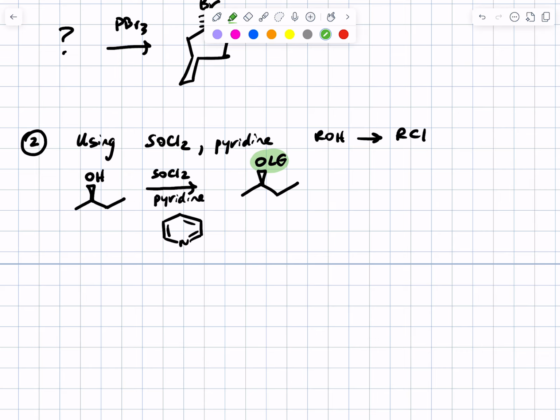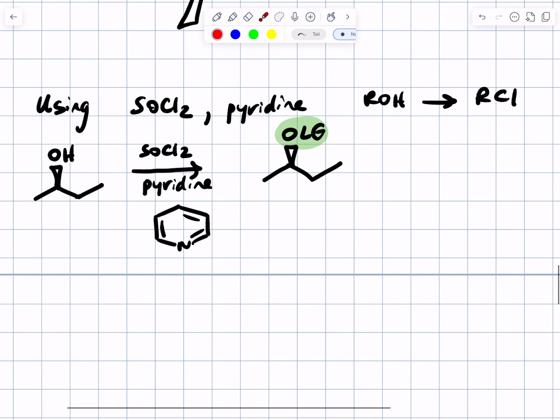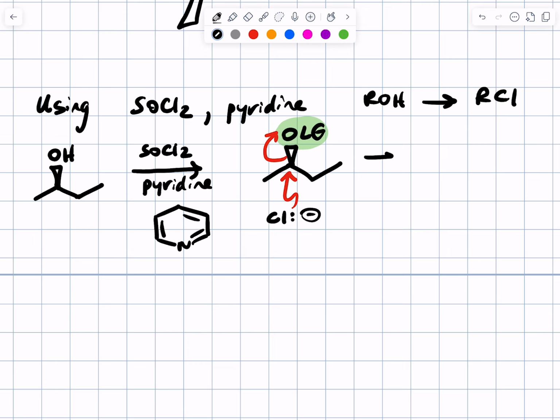So this is a case where I don't know why pyridine is included. If you forget it and just do SOCl2, that's probably fine. But the point is that SOCl2 will convert the OH to a good leaving group, and then in a key step, Cl- will come along and attack from the backside to give you the alkyl halide product.